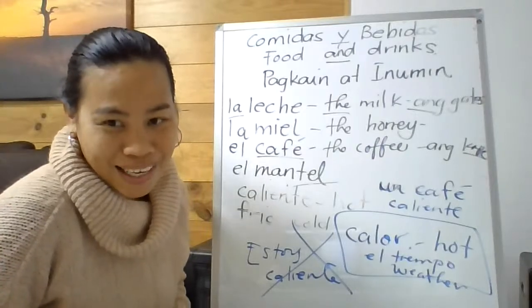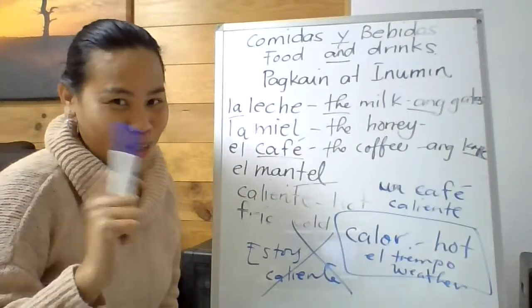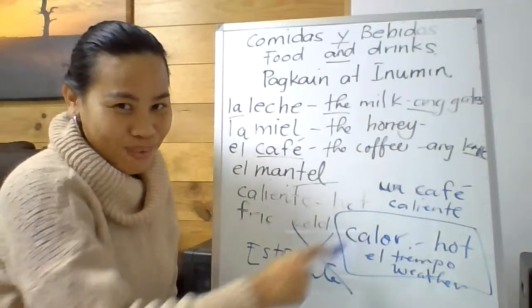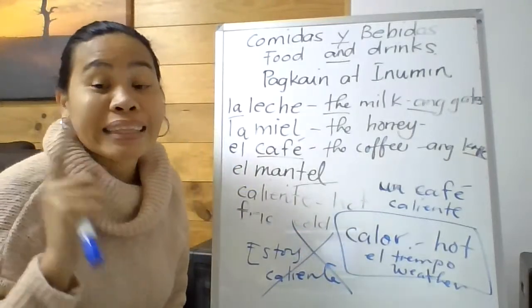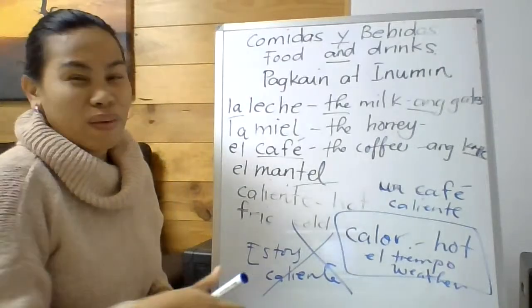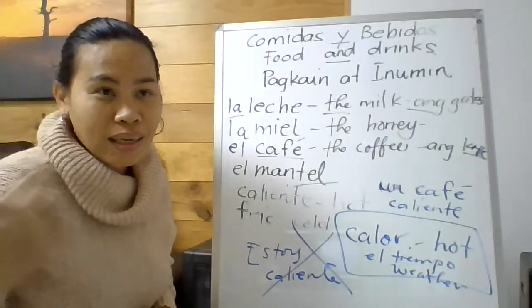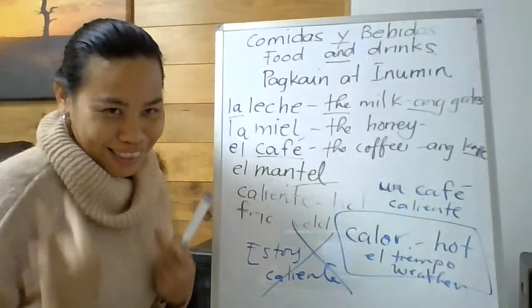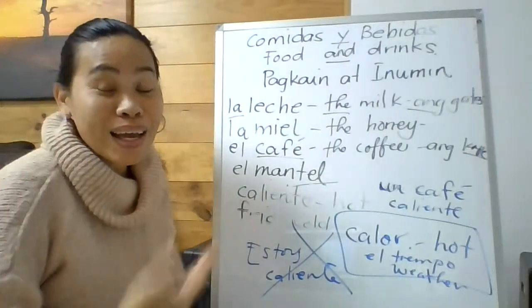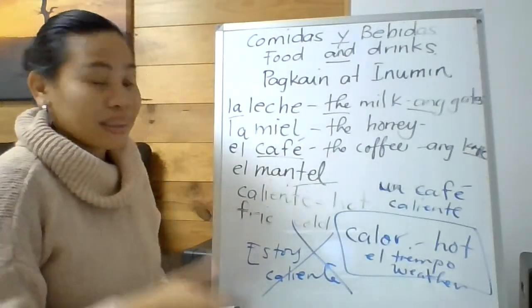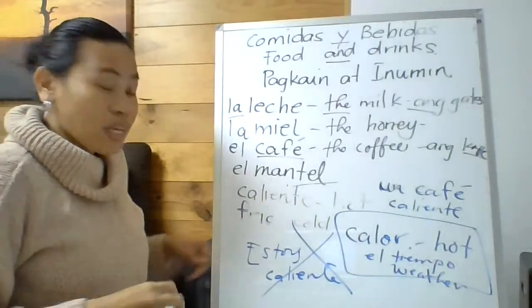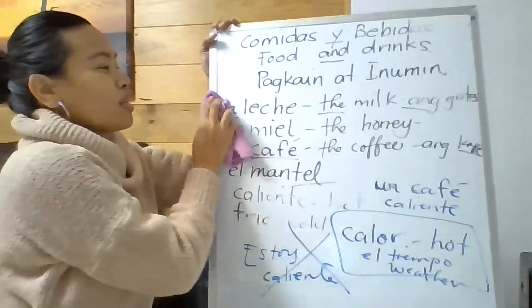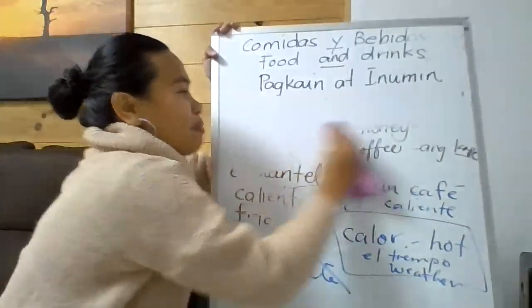Sí, exactamente. That is a very wrong sentence. Estoy caliente. No. Tengo calor. So if you feel hot, I mean the weather, not your body. The weather, tengo calor. Tengo frío. I am cold. Tengo calor, tengo frío, pero estoy caliente, no. ¿Vale?